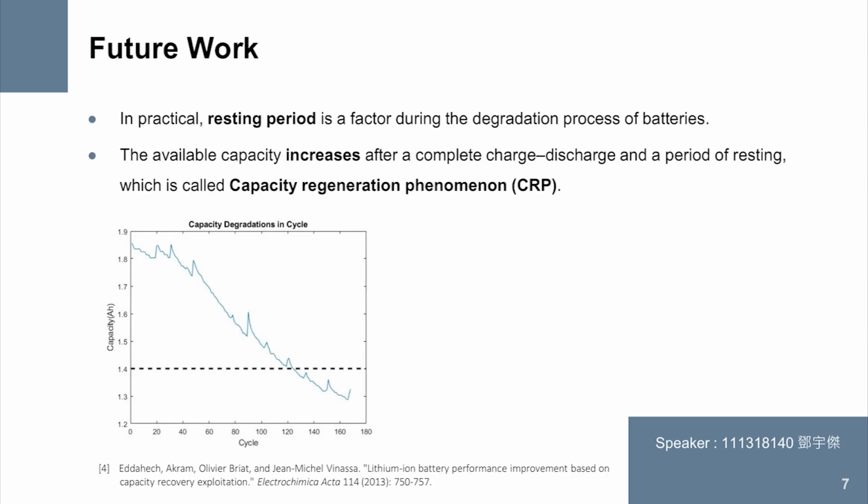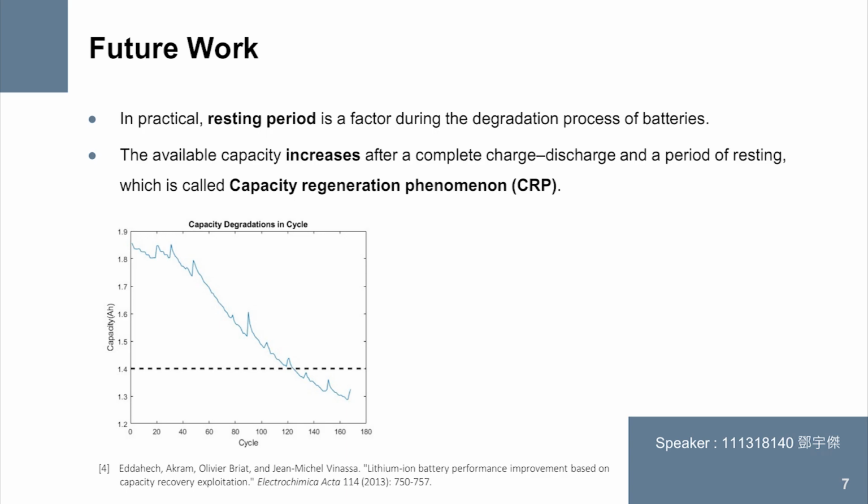On this page, we're going to try to improve our algorithm by considering the following factors in the future. In this figure, those spiky points on the blue curve are actually the product of the resting period, which is called CRP, capacity regeneration phenomenon. And what is the resting period?